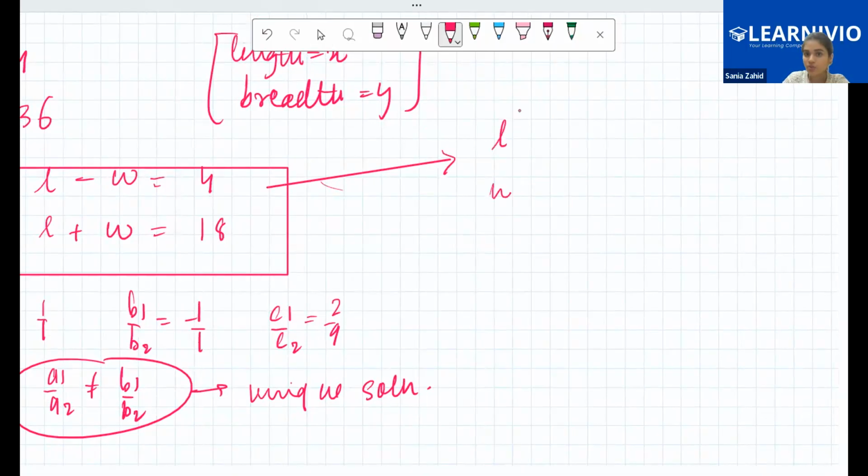What are the possible values for L and W? When W is 0, L will be 4. When W is 1, L will be 5.